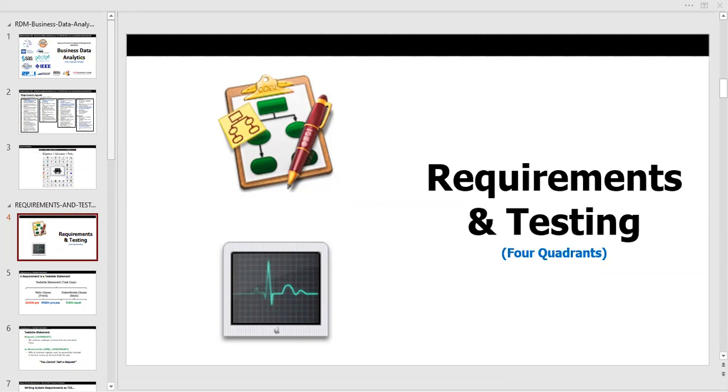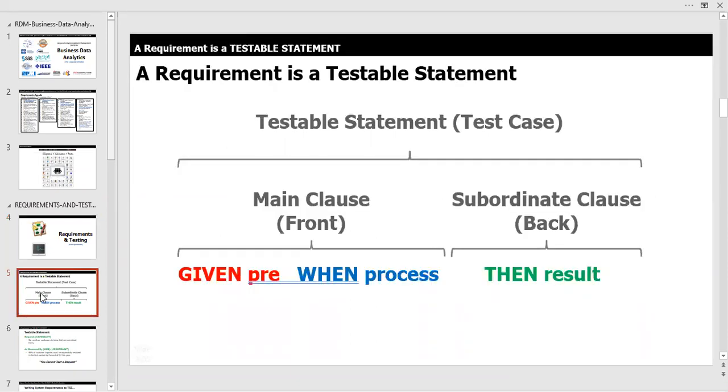So we want to just talk about what it means to think like a tester. We'll start off with, well, what's a requirement? There are a lot of definitions of requirements, and by the way, they're all correct. When I'm talking to people, people will ask me, well, what's the right definition? And I'm like, I have no idea.